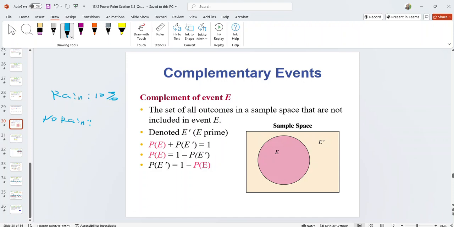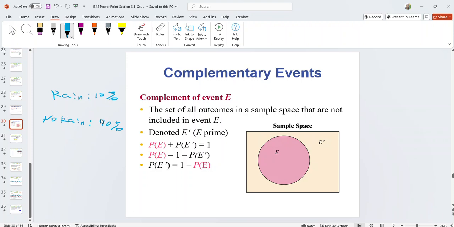Well, the chance of no rain tomorrow will be 90%. That is called a complement. That means you only have two categories, rain or not rain, and the two parts added together will always be 100%.